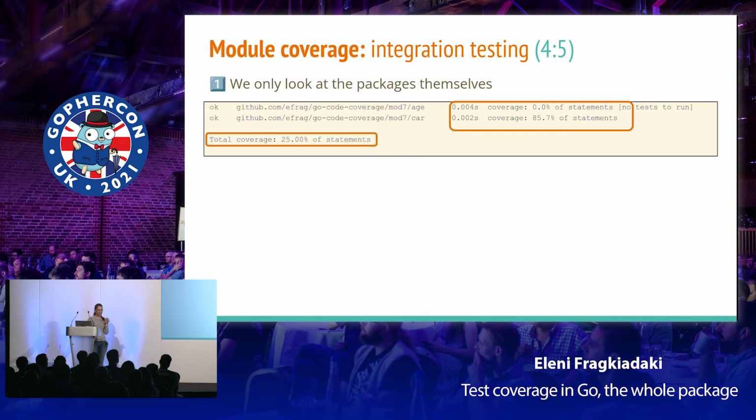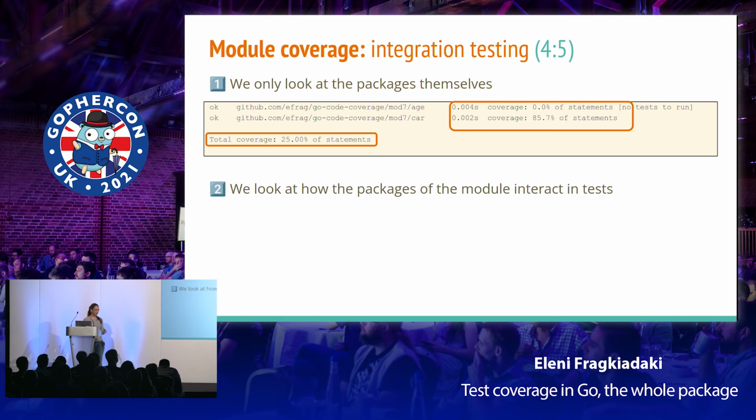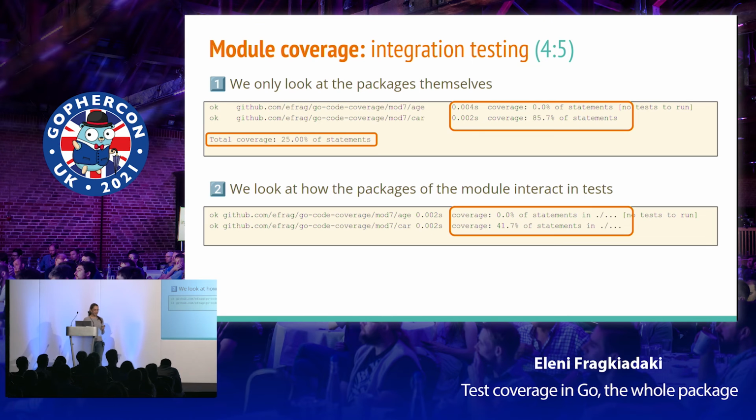So here, if we look at the packages themselves, like the unit coverage that I was saying before, we get 0%, 85.7, and the final number 25. If we look at it from the perspective of whether this package interacts with other packages, we get these numbers now, which make more sense.